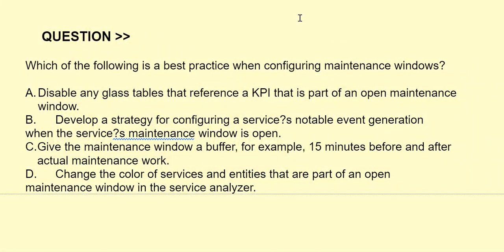Option C, give the maintenance window a buffer. For example, 15 minutes before and after actual maintenance work. Option D, change the color of service and entities that are part of an open maintenance window in a service analyzer.